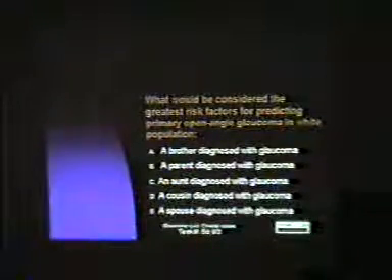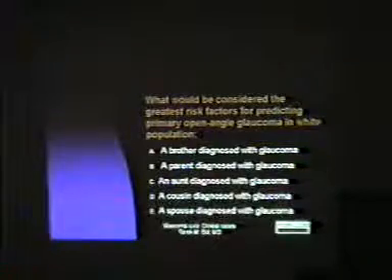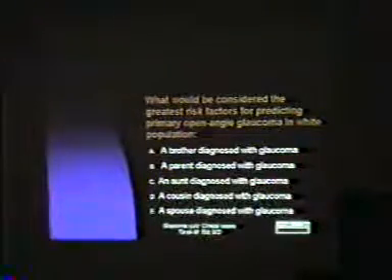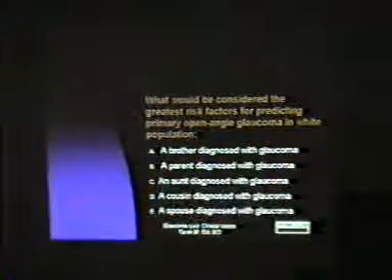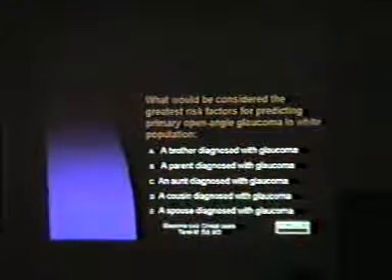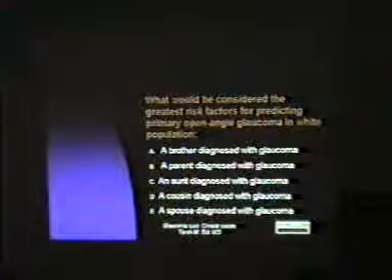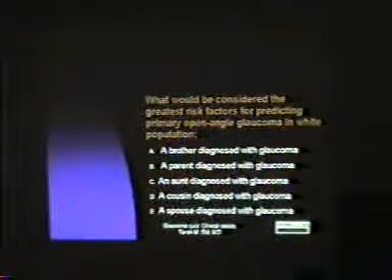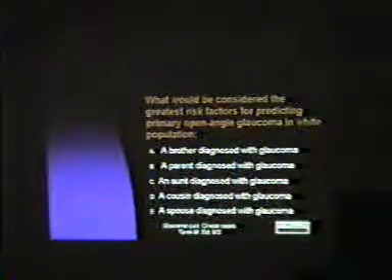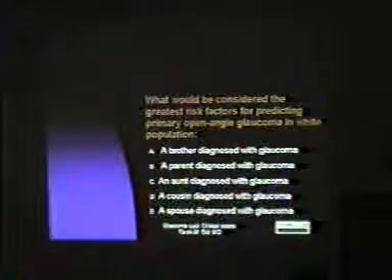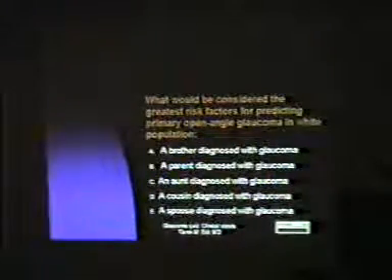This is the parents, because of the family history. Family history gives you parents. Actually, it's false. Brother, that's right. Brother diagnosed with glaucoma is the greatest factor that can predict open-angle glaucoma.